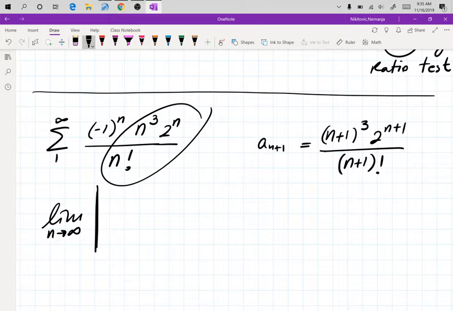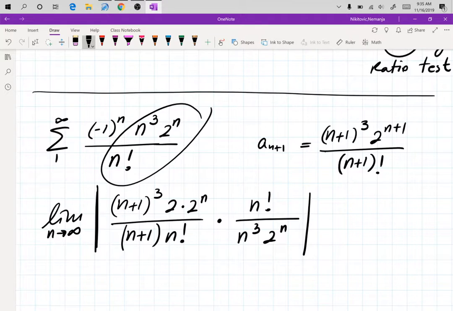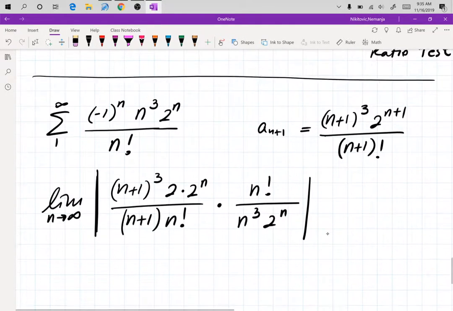We're just going to have our (n+1)^3, 2 times 2^n when you peel off, (n+1) peel off, n factorial stays, times the original problem flipped, because we will be dividing by it, and there we go.